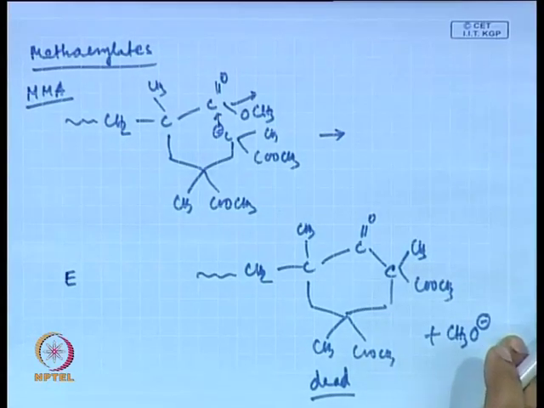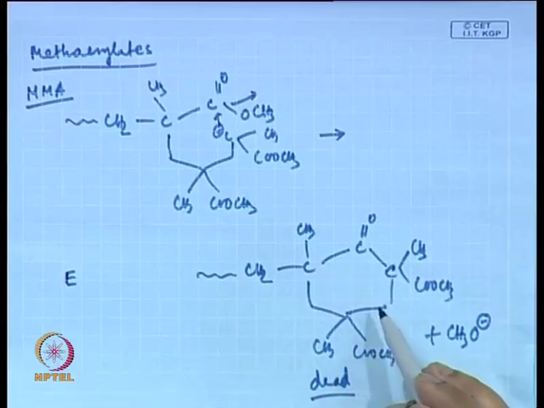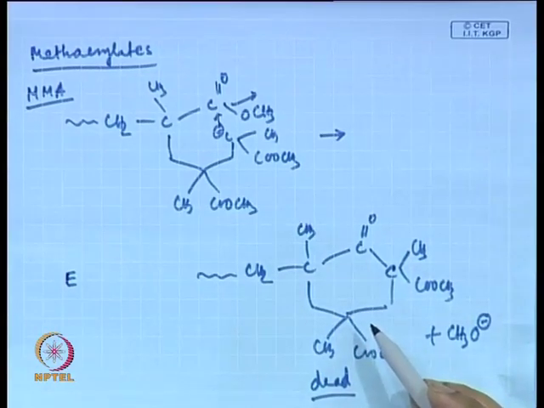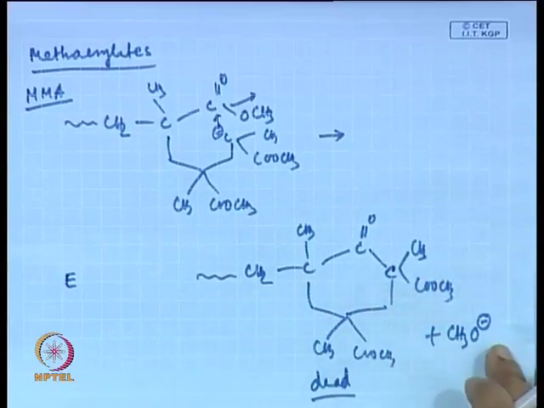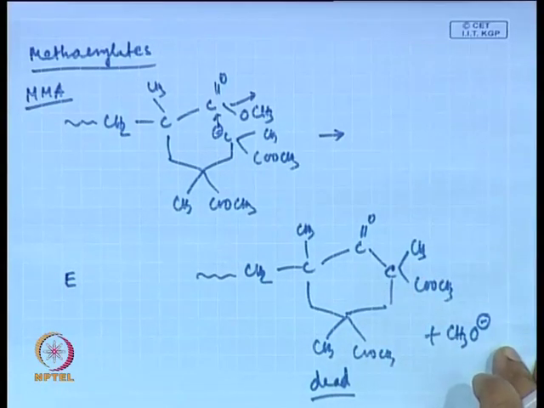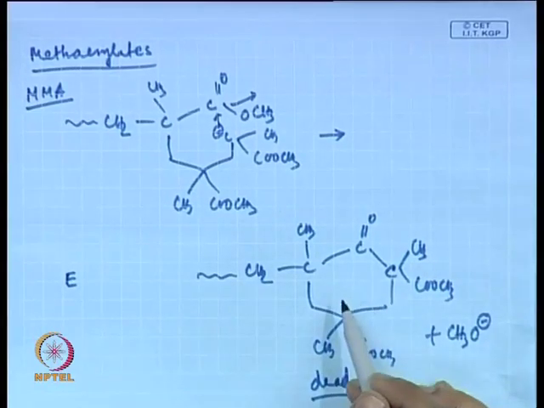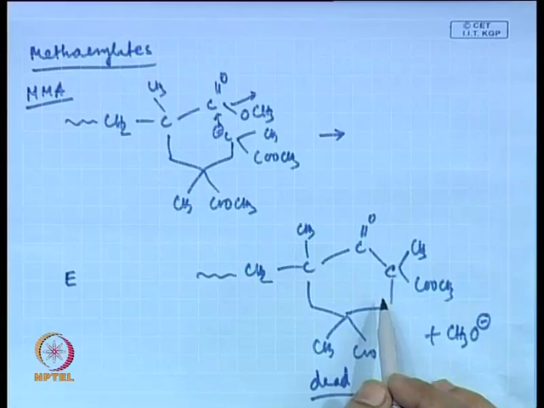Now, if you decrease the temperature, both the normal propagation and this intramolecular cyclization slow down, but because the activation energy for this cyclization reaction is higher, the drop in rate of this cyclization reaction is much higher compared to the normal propagation reaction. So, in that way you can minimize this side reaction.